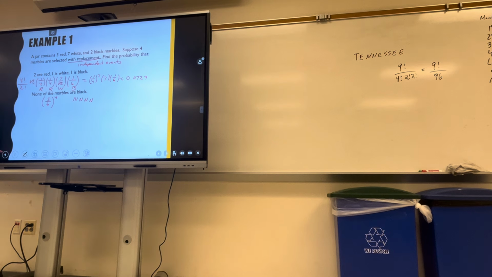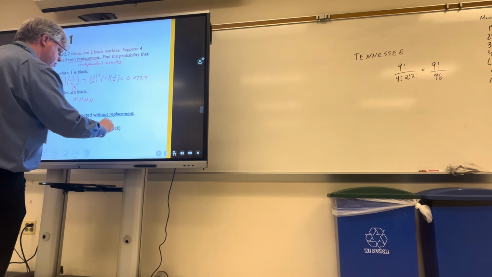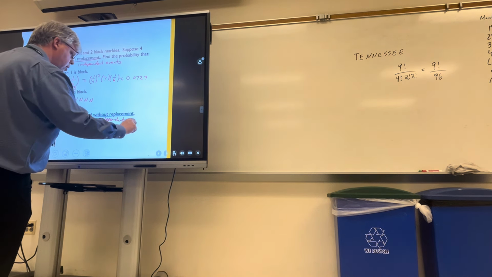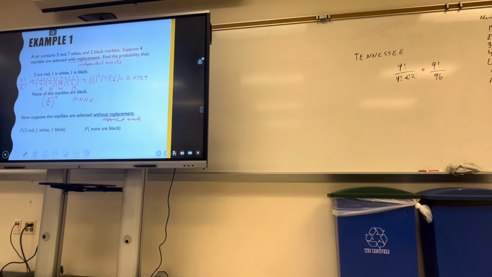Okay. Now, I'm gonna ask the same questions, but switch to without replacement. So without replacement, we're back to dependent events. Right? This means as I make selections, the probabilities are going to change from one event to the next.